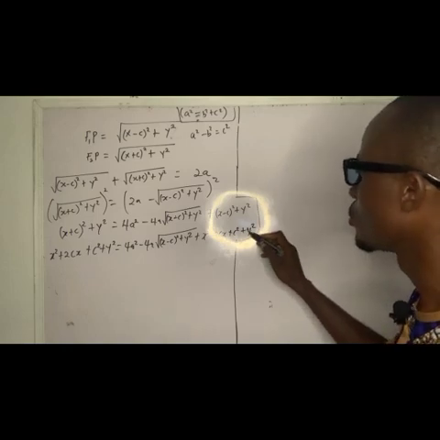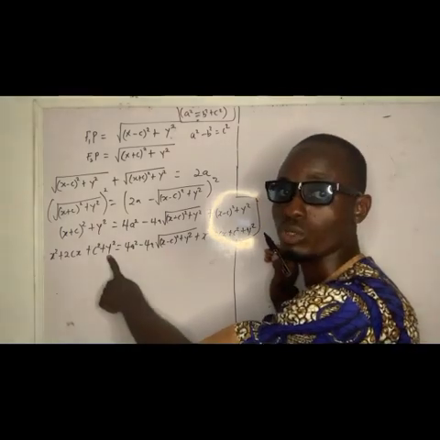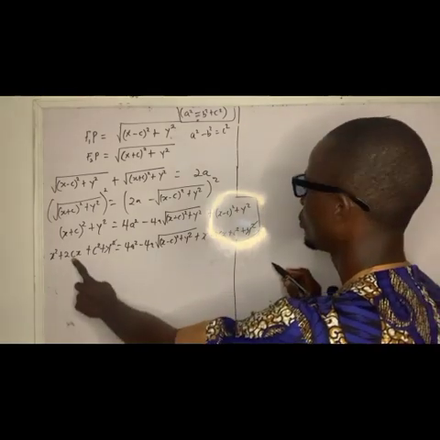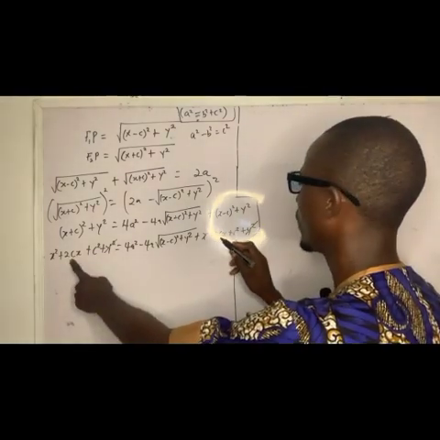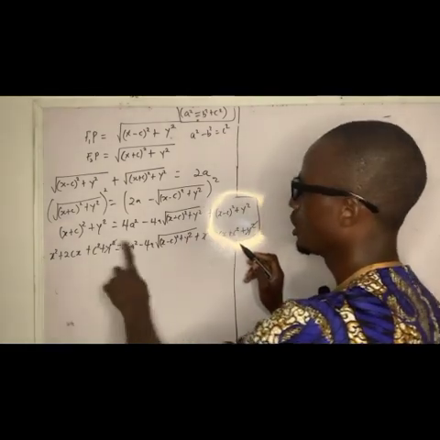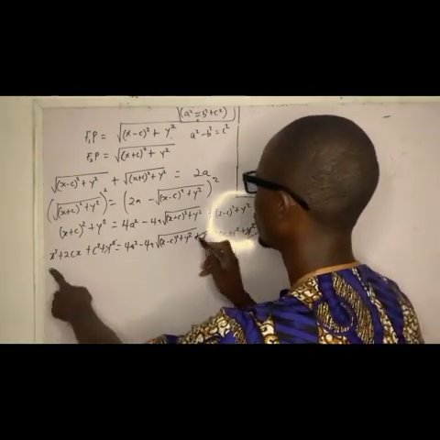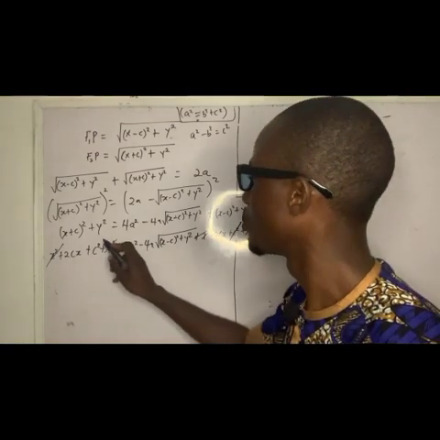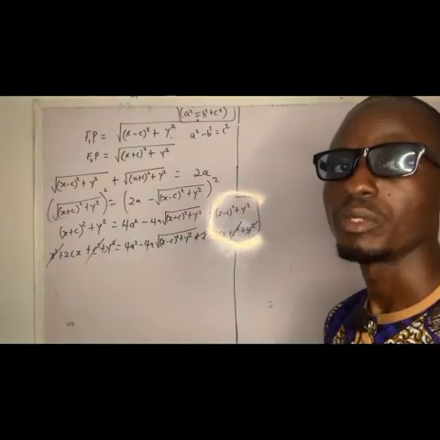If you look at it, y squared is positive here and also positive here, so they will cancel out. Then 2cx is positive here, negative here. That means if you take this here, it's going to become minus. Then this is positive and positive, so they would cancel out. Then also c squared is positive there and is also positive here.